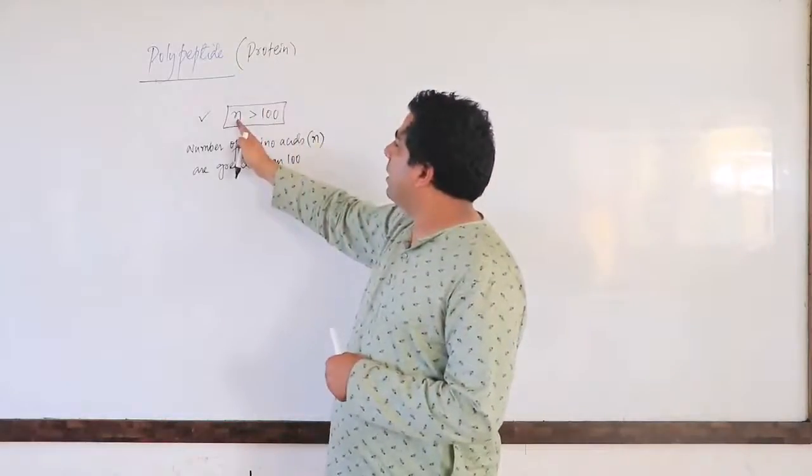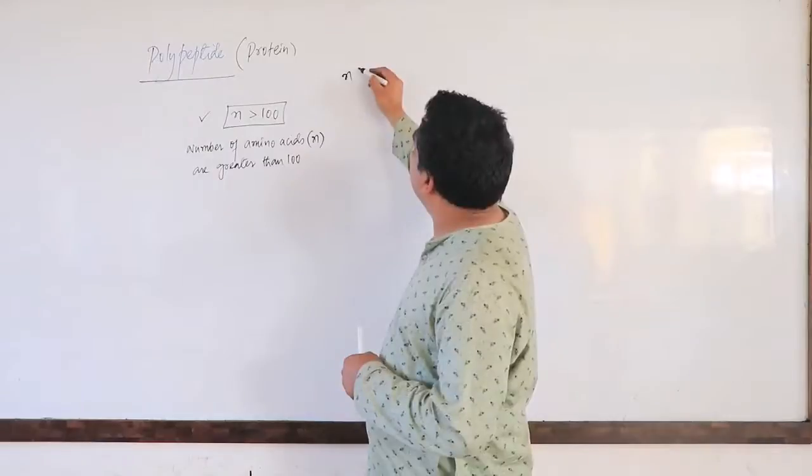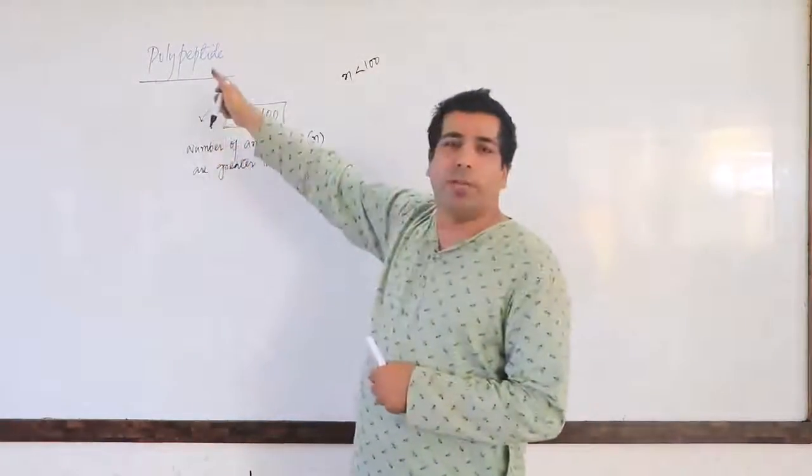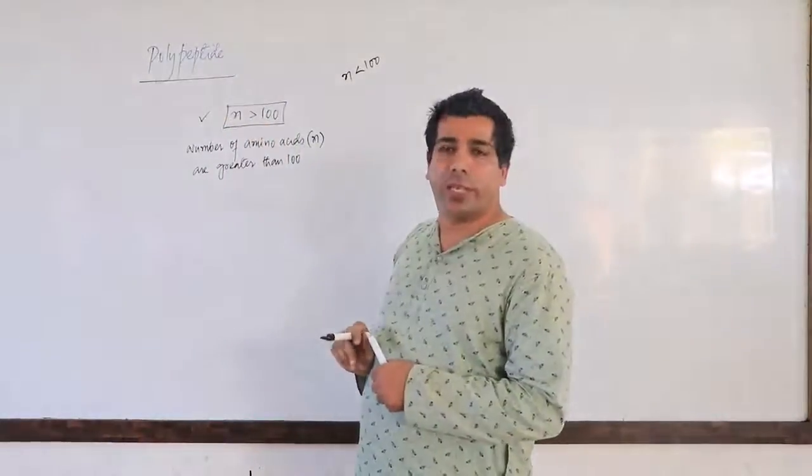If N is less than 100, then it will be a polypeptide. It won't be a protein. So the condition is there.